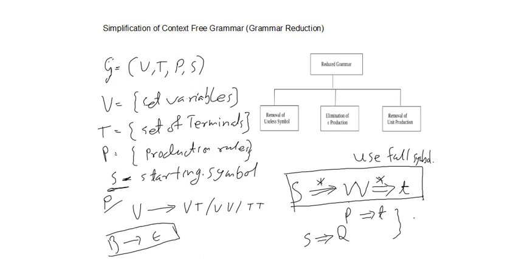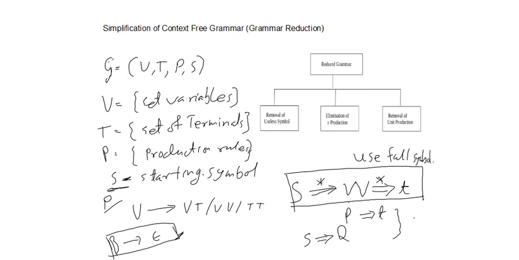In the grammar we should not contain any null production, so we should remove this kind of production rule. For eliminating null productions, there are certain steps to be followed.